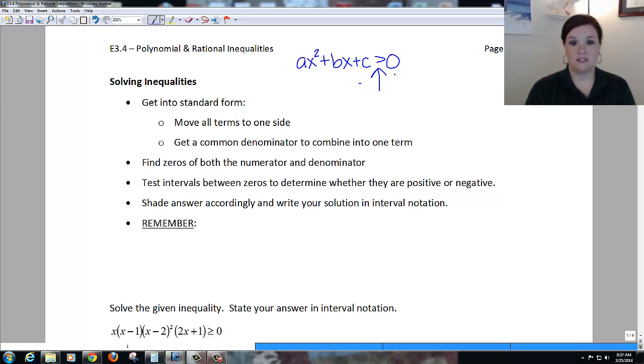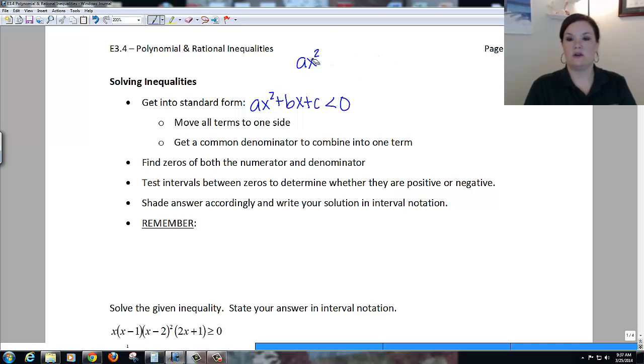Here are our steps to solving. Okay, first thing we do is we get it into standard form, which is what I have written here. Okay, this is ax squared plus bx plus c, and then whatever symbol you have, maybe it's less than 0. Okay, it could be less than, greater than or equal to, less than or equal to. So we're just going to move all terms to one side so that we have everything on one side and zero on the other.